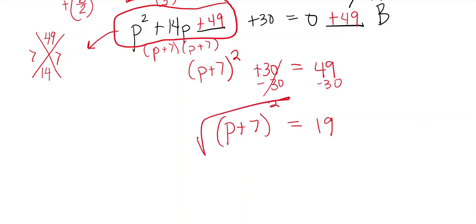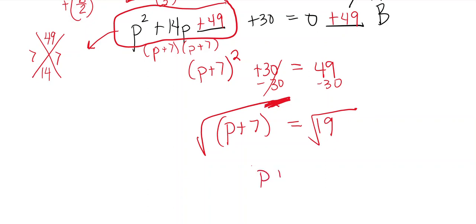I take the square root to cancel out the squared. What I do to one side, I have to do to the other. So square root of 19, an irrational number, that's okay. Real, not imaginary, because it's not a negative, but it's irrational, but that's okay. We're just going to leave it as square root of 19. And that's already in simplest form because the radicand has no perfect square factors.